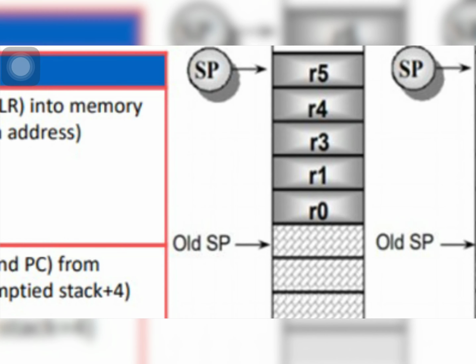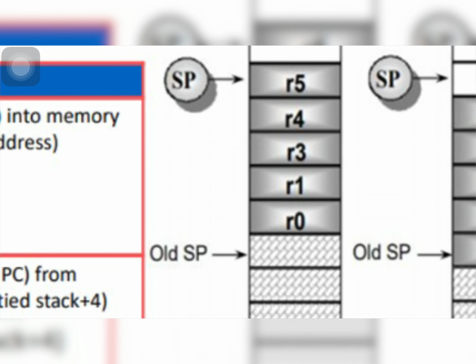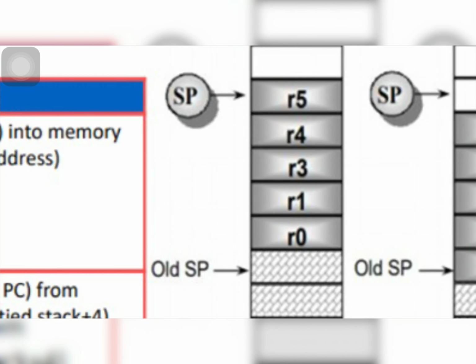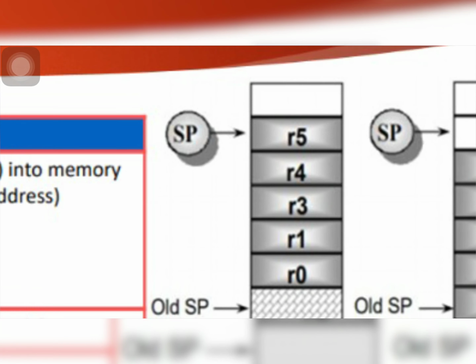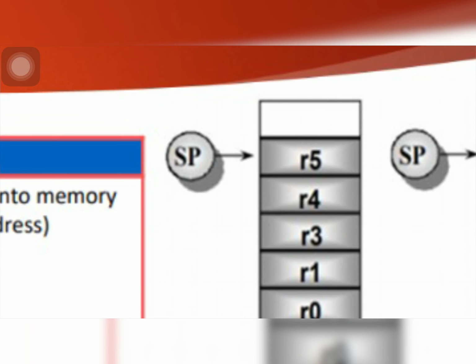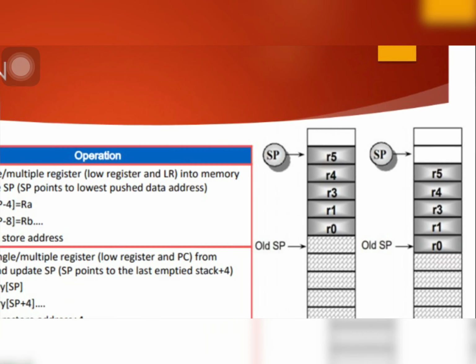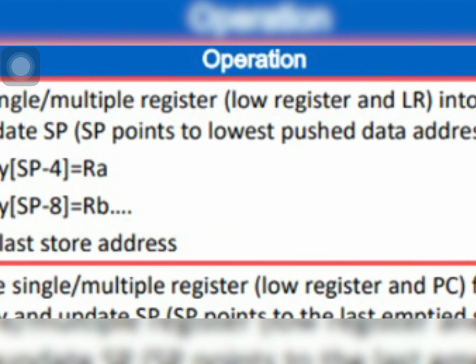If you look at this image right here, the old stack pointer points to the latest data inside the stack. This is where the stack pointer points before the push operation is done. After the push operation is done, the stack pointer will point to the latest data that was inserted, like this one, R5. So the stack pointer is pointing to that R5.